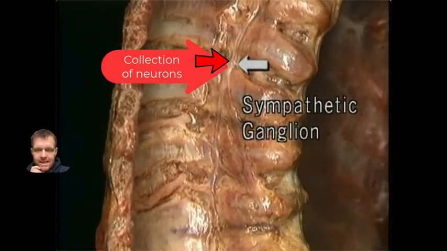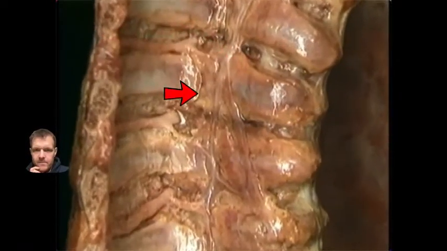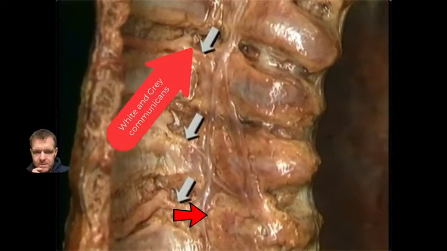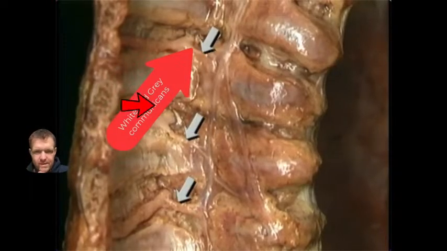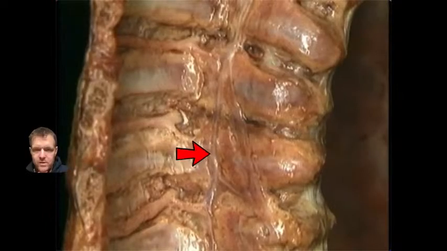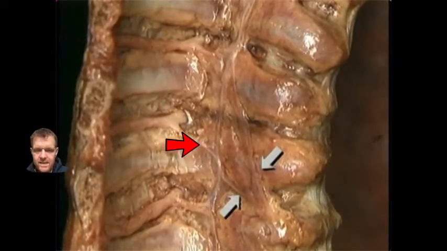So there's a sympathetic ganglion just there. And then we've got a link up to the next one, and then a branch off, link up to the next one and branch off. And we're going to talk about these white and grey rami communicantes, or the branches of communication, over the next couple of weeks.